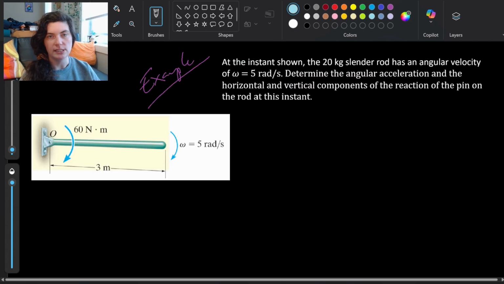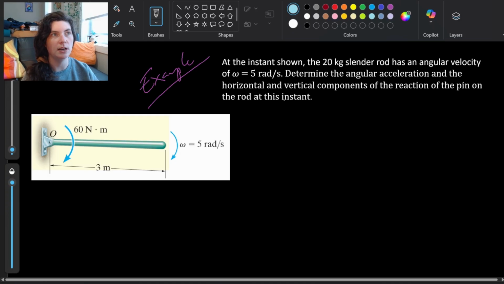So let's look at our first example here. We've got a 20 kilogram slender rod that has an angular velocity of omega equals 5 radians per second. Determine the angular acceleration and the horizontal and vertical components of the reaction of the pin on the rod at this instant. So what they've given us on the left here, we can see it's pinned at O on the left side.